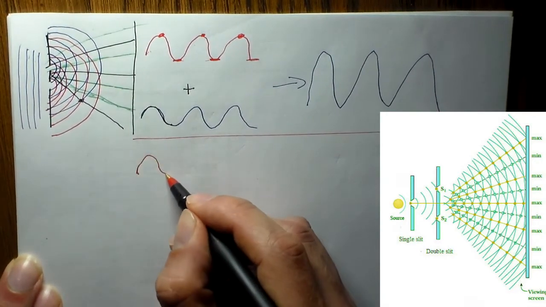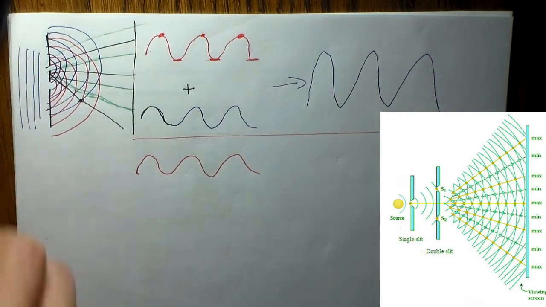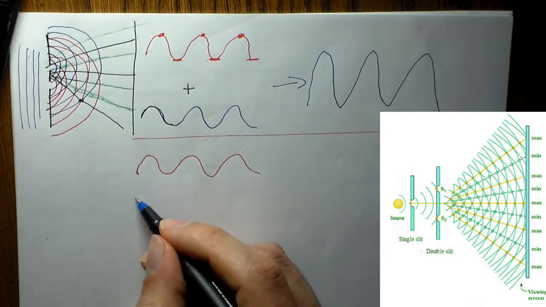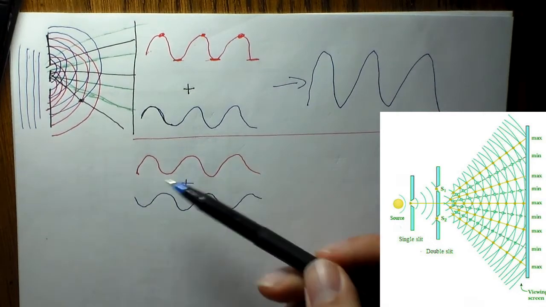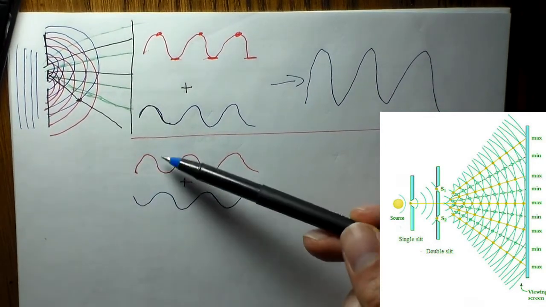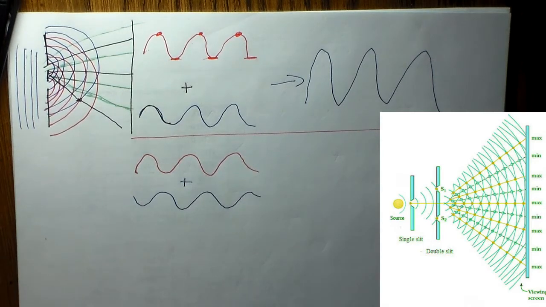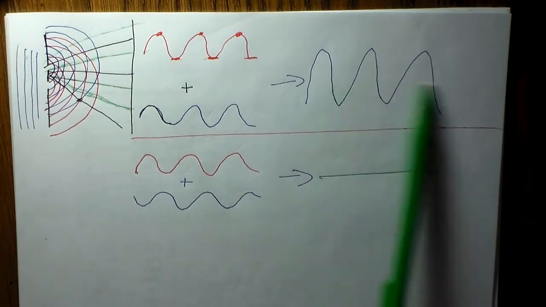So here would be my original peak like that. But then in this case, now it would be looking kind of like this. So I'm adding these up now, and now I have my peak and my trough matching up. And what happens in this case, when I add these two up, I essentially get nothing. So the two waves just cancel each other out. They're 180 degrees out of phase, and we see this.